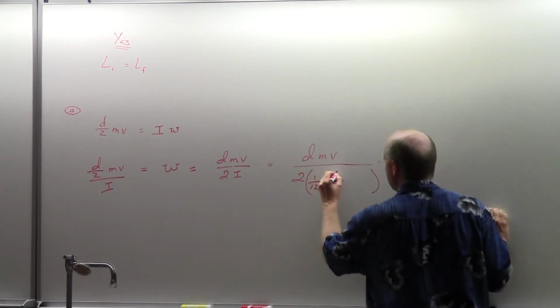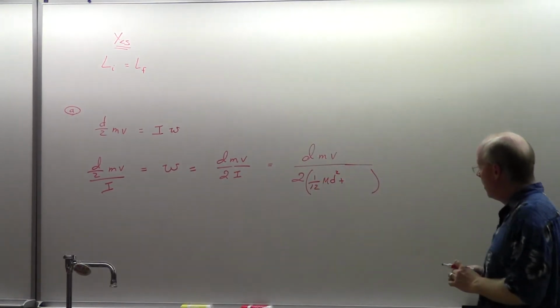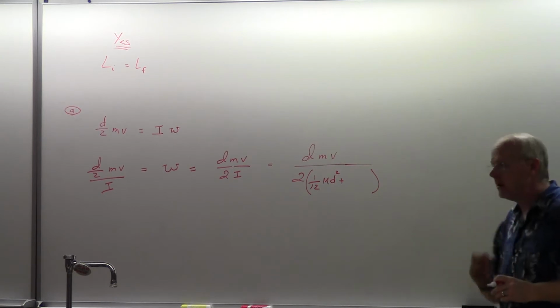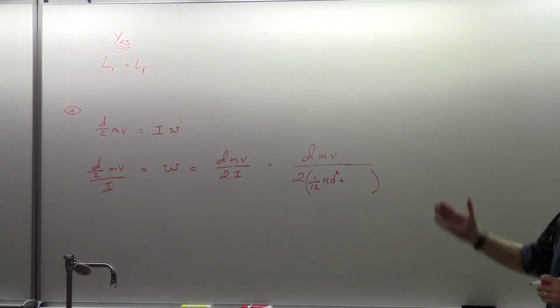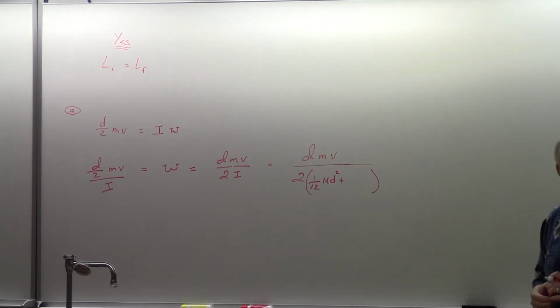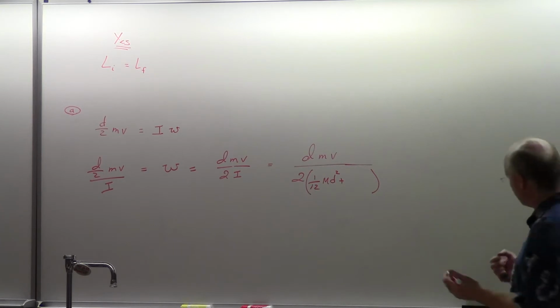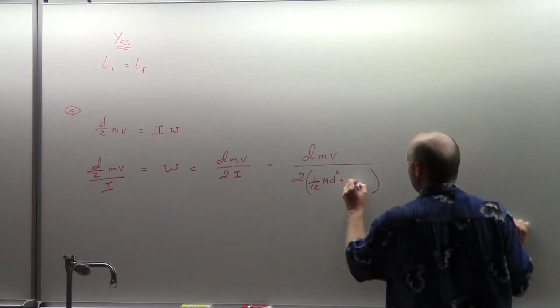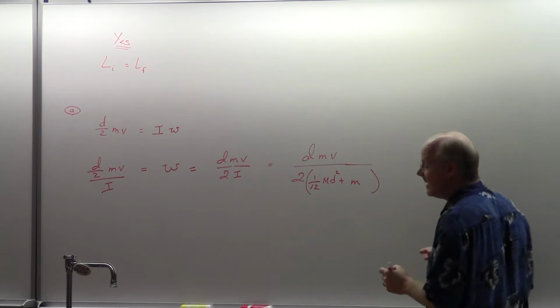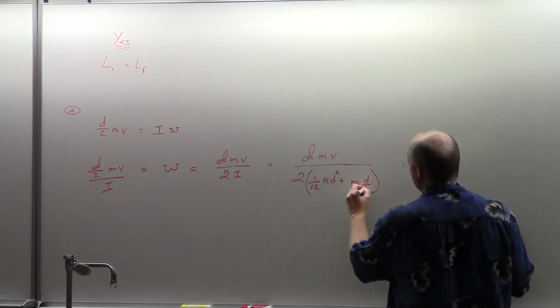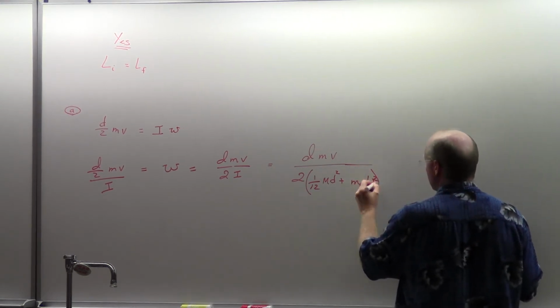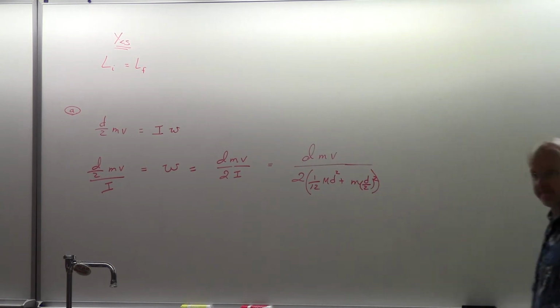So there would be the moment of inertia component for the rod. And how about the blob now sitting at the end of it? It's just mr squared, so it's m, and then what's r? Yeah, d over 2 squared. And so there's the calculation for the moment of inertia.